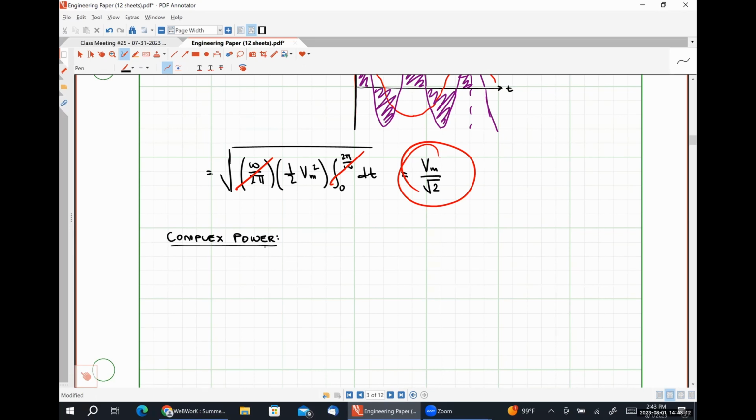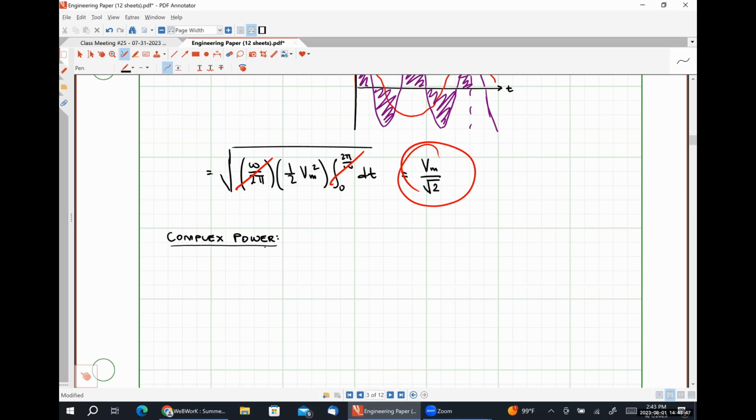Okay. It is a way to look at power in a steady state sinusoidal circuit that takes into account both the average power, which is exactly what we talked about in class yesterday, as well as the contribution of energy storage elements, and kind of bundles everything together in a succinct little package that contains a ton of information, okay?